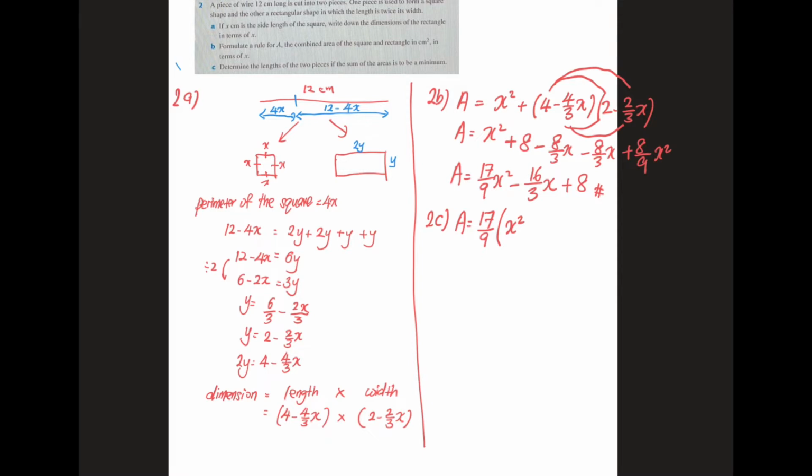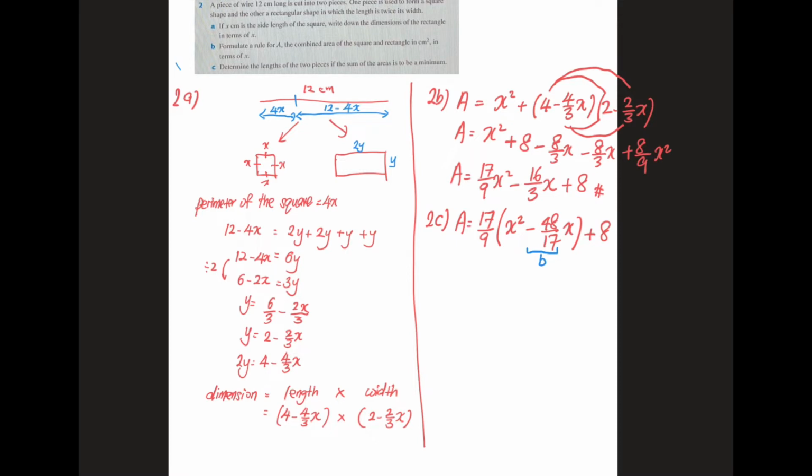We take minus 16 over 3 divided by 17 over 9, so we will get minus 48 over 17. And for the third term, the 8, I just leave it outside of the bracket. I don't want to factorize it. Just leave it like that. And now let's continue. Okay, so we have this as our B.